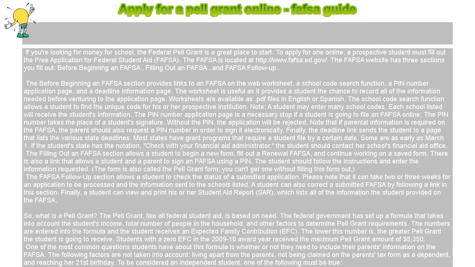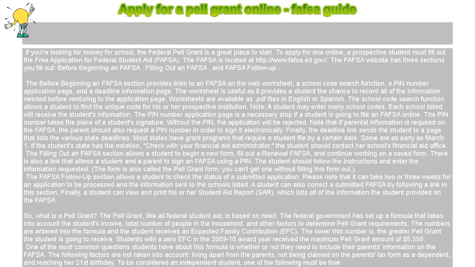The numbers are entered into the formula and the student receives an Expected Family Contribution, EFC. The lower this number is, the greater Pell Grant the student is going to receive.